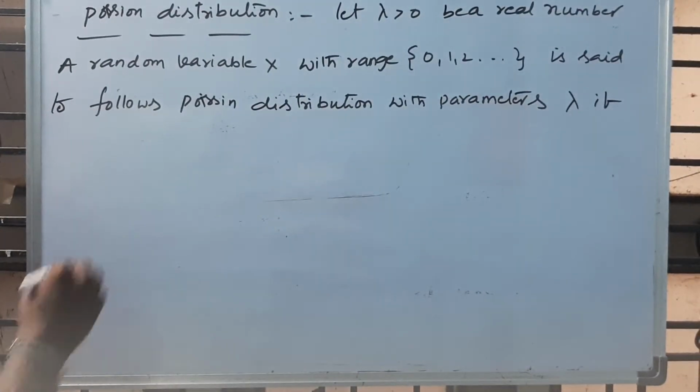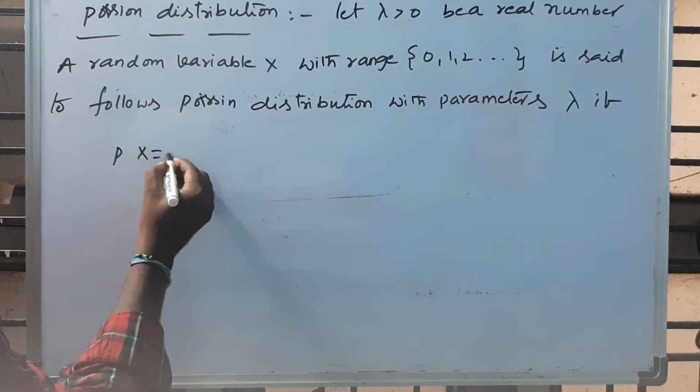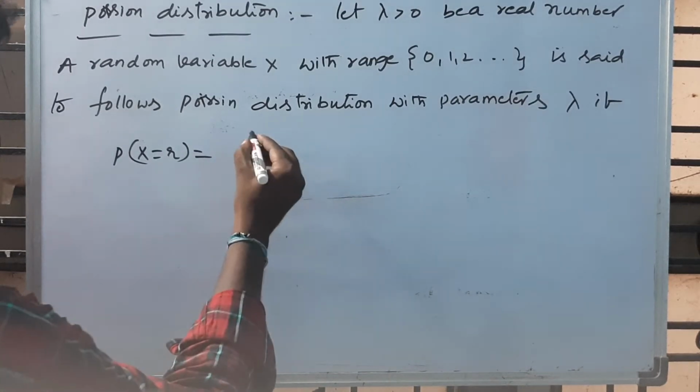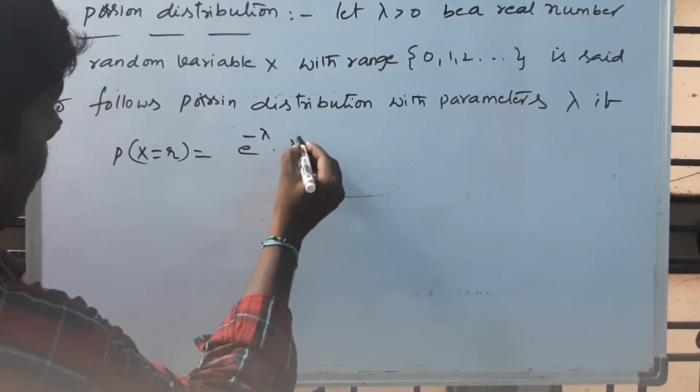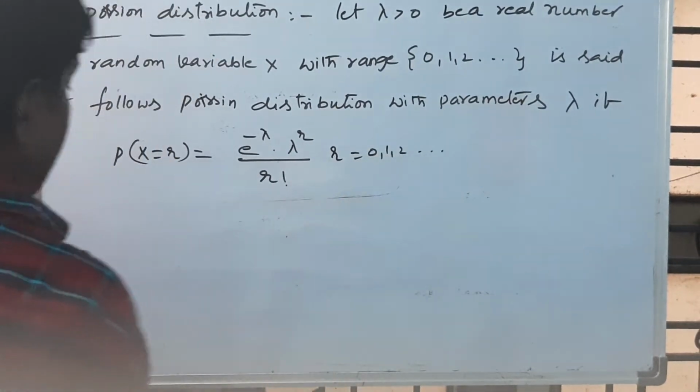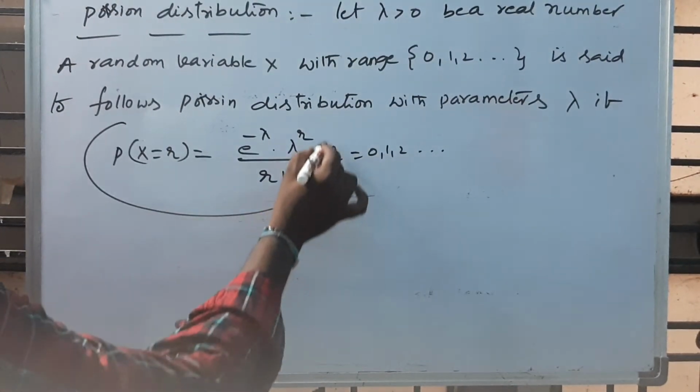P of x equal to r is equal to e power minus lambda into lambda power r by r factorial, where r is equal to 0, 1, 2, 3 and so on. This is the Poisson distribution.